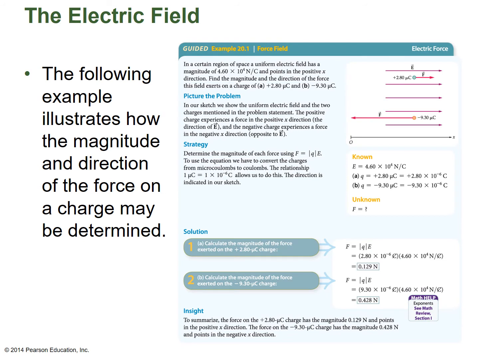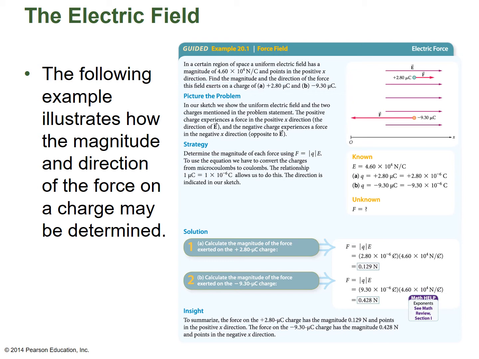So the force is the magnitude of the charge, 2.8 times 10 to the minus 6, times the magnitude of the electric field, which is 0.129 Newton. In this case, the direction of the electric force will be to the right, which is the same as the direction of the electric field. And in the second case, the charge will move opposite to the field, and will experience an electric force in the opposite direction.